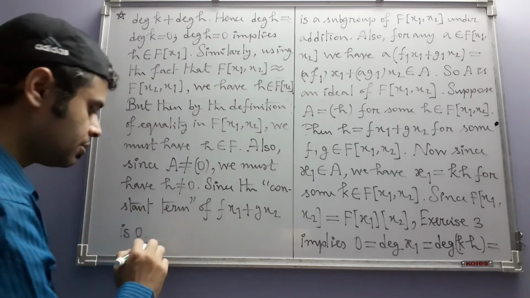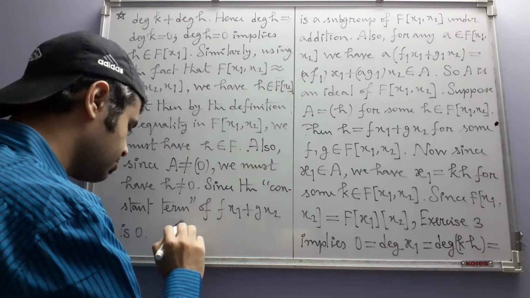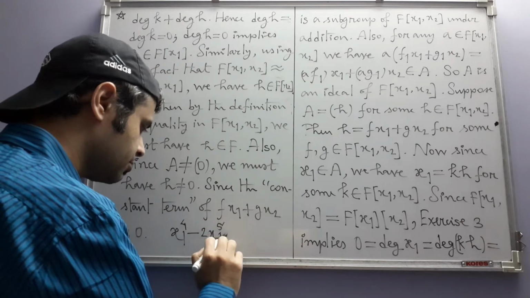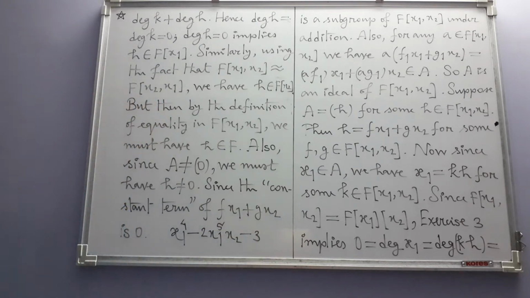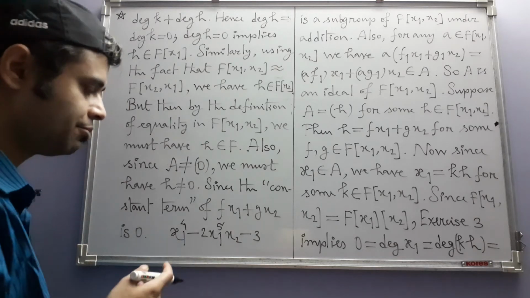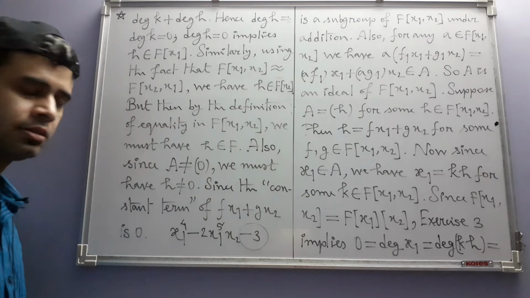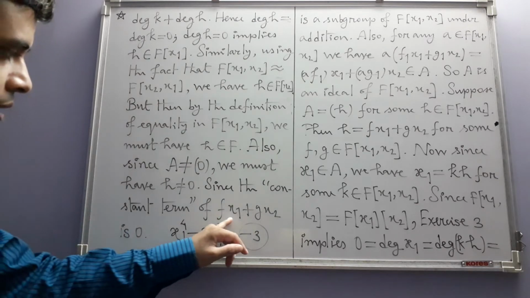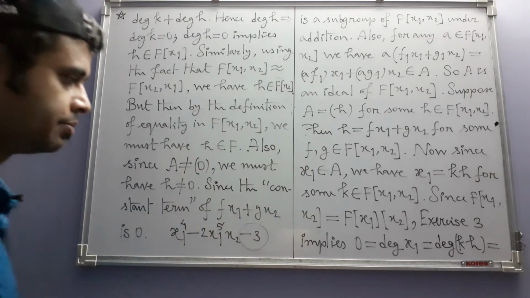If you have a polynomial like x1 to the power 4 minus 2 x1 to the power 5 x2 minus 3, say, and suppose the field is the field of real numbers, then this minus 3 is what we are calling the constant term of the polynomial, which in this case is 0, which you can clearly see.